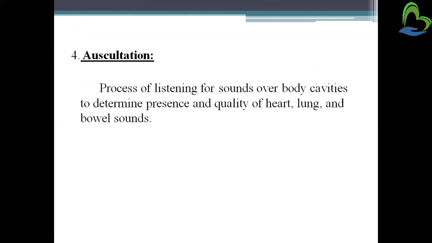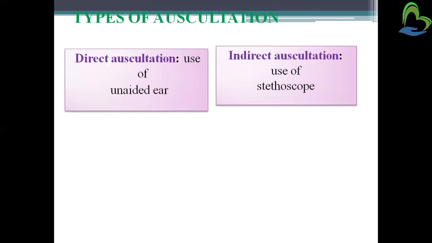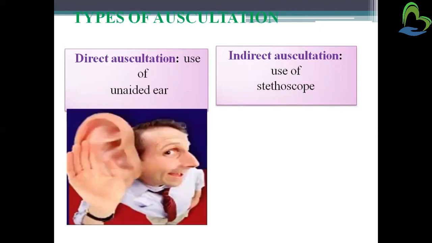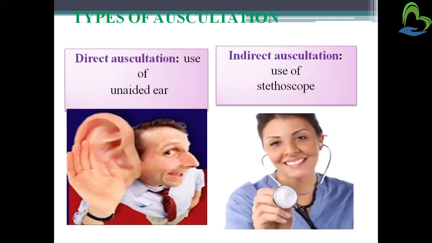The fourth method is auscultation. It is the process of listening for sounds over body cavities to determine the presence and quality of heart, lung, and bowel sounds. Right? So there are types of auscultation too. There is direct auscultation, where we use the unaided ear, and indirect auscultation with the use of a stethoscope, which we are all going to use, whether doctors, physicians, nurses or physiotherapists.